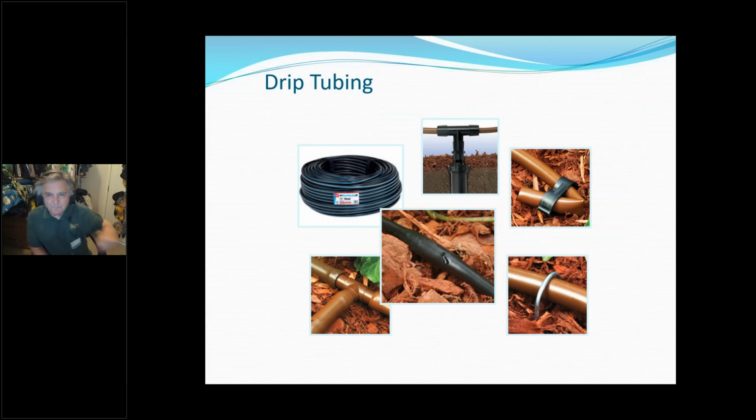The other type of tubing, shown right in the middle of the screen there, is called emitter tubing. It has emitters built in, so there are no little pieces that can be chewed off by rodents or broken by the gardener when he's raking or cleaning. So those are the 2 types of tubing, one to bring water to an area, and the other, emitter tubing, to actually emit the water.